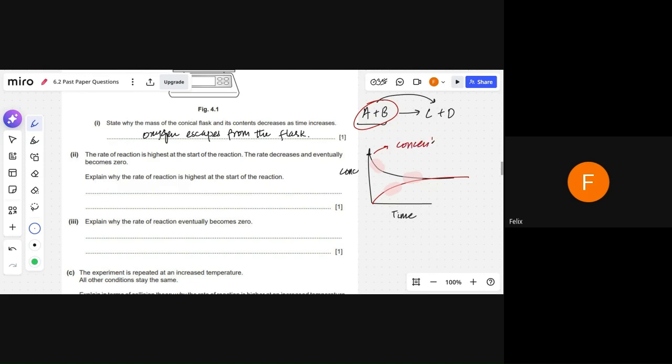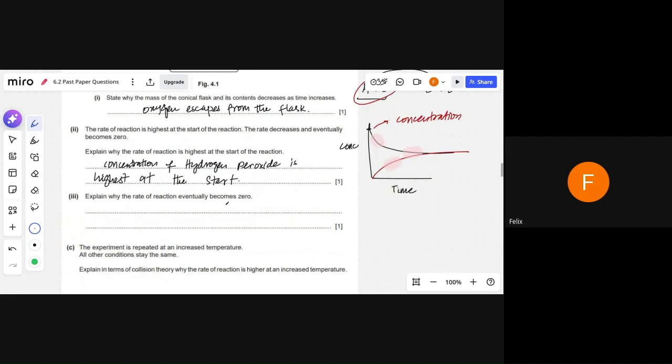We have studied that increased concentration results in a higher rate of reaction. We can see that the concentration of hydrogen peroxide is highest at the start.